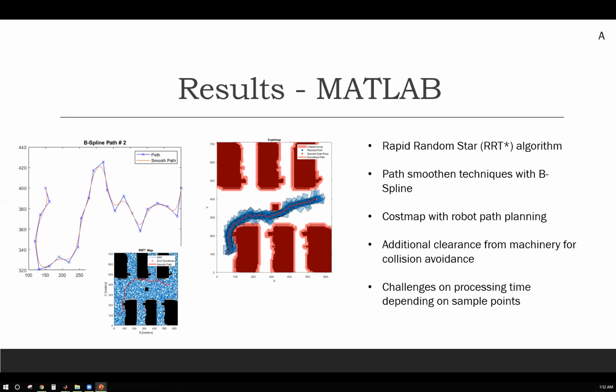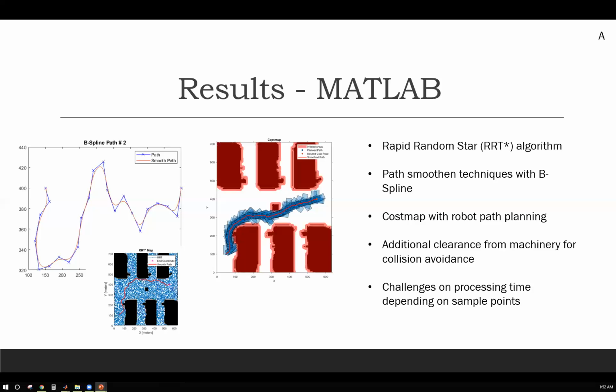Therefore, your path planning will never make contact with the actual object or machinery in this case, because it has that extra clearance. Some challenges for this approach come up when we talk about a manufacturing environment where there are going to be people.